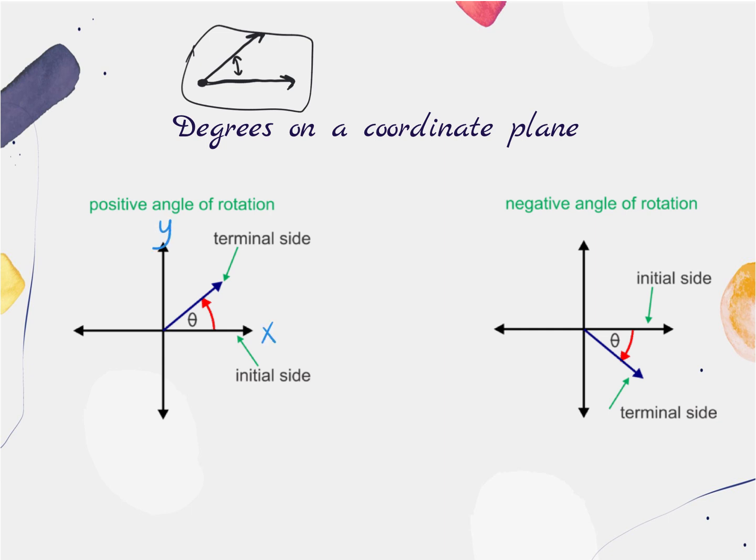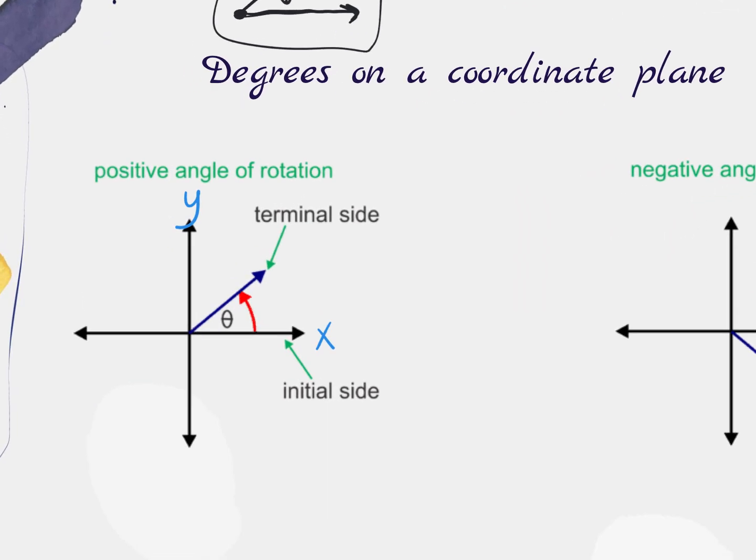So now, getting into the anatomy of an angle in a coordinate plane, you have an initial side. The initial side is always going to be where you start. So what does initial mean? Initial is always the starting, the beginning. So this right here is always going to be your initial side, and it's always going to be on the positive side of the x-axis.